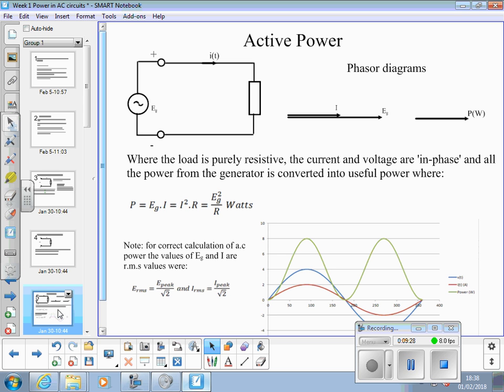Active power. So, this is the first one of our powers. Active power is the useful power that you can use. It will produce heat, light, rotation of a motor. It's measured in watts. It's produced when we have a resistive load and the current and the voltage.